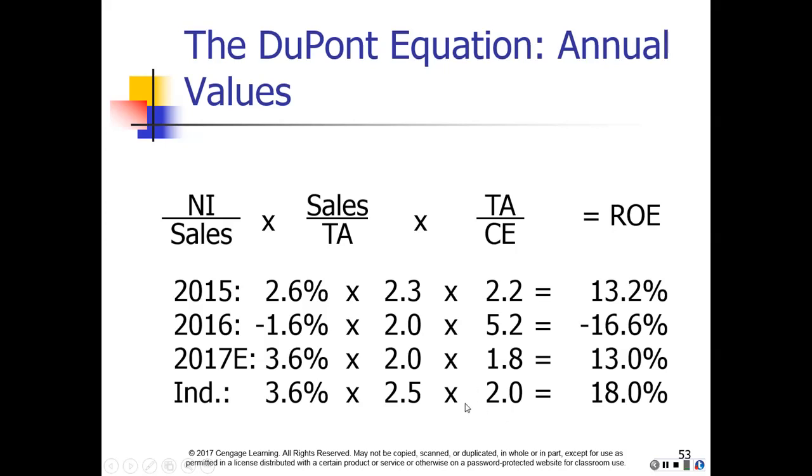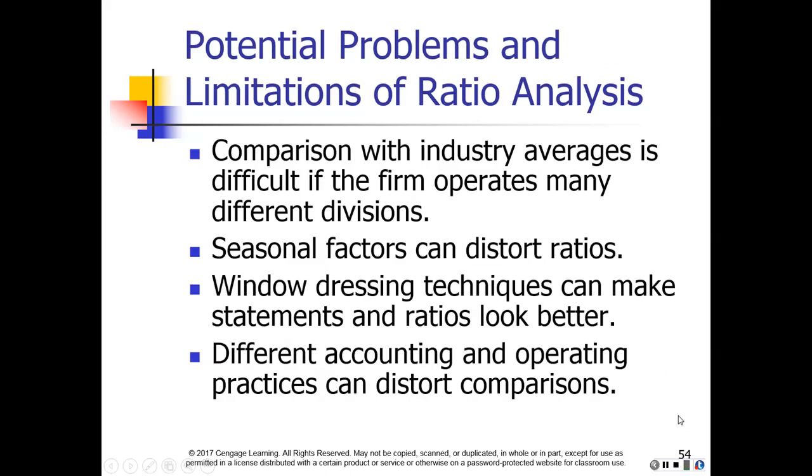And once again, the equity multiplier is a form of debt ratio, but more debt means any positive profits will get magnified. So will any losses or negative profits. So the ROE for the company is actually lower, much worse than the industry average.